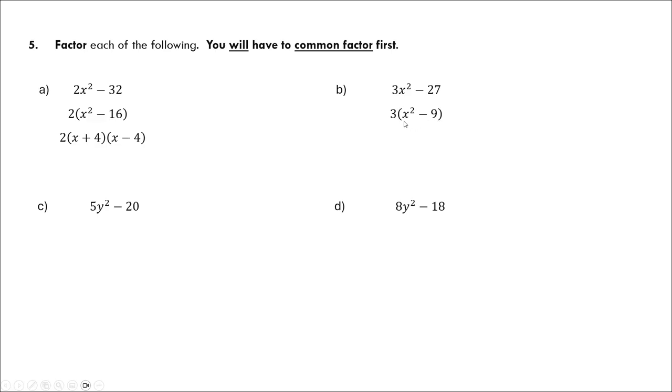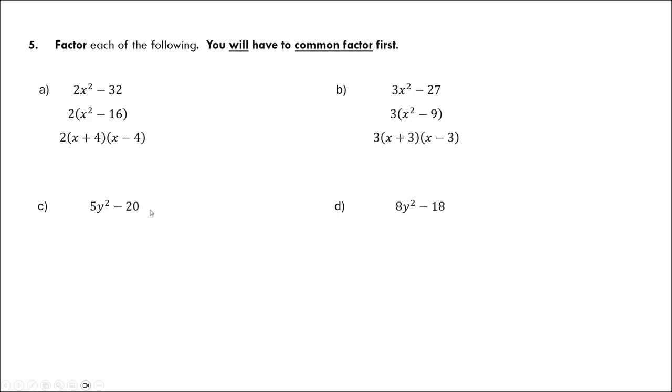Once again, what's inside the brackets is a difference of squares, so we can use our difference of squares method to factor it. The square root of x squared is x. The square root of 9 is 3. Put our positive and our negative, but don't forget to put the greatest common factor on the outside here.